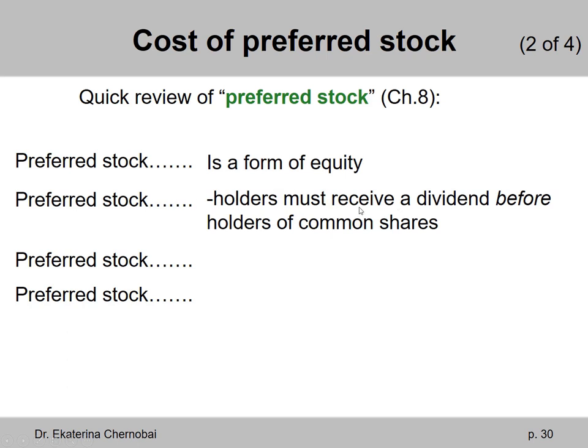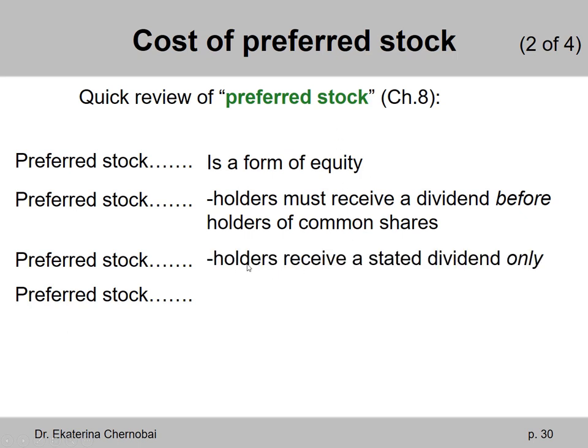Preferred stockholders must receive a dividend before the investors who buy common stock shares. This is where the name preferred stock comes from. They have preference in receiving dividends over other investors who hold common stock shares.